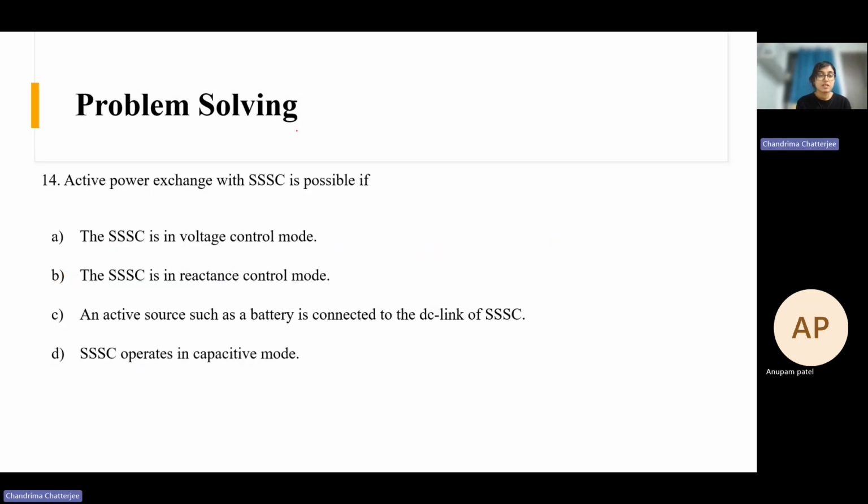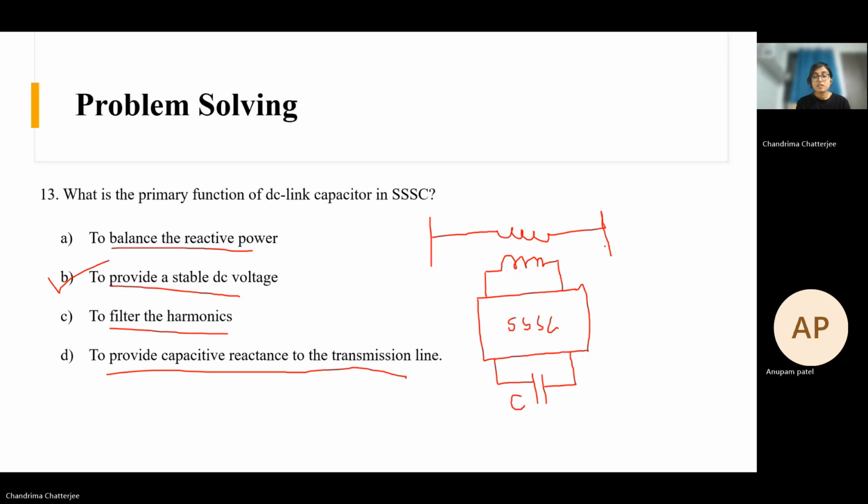Next question. Active power exchange with SSSC is possible if. So we already discussed that the main purpose of SSSC is to provide reactive power compensation. And to provide reactive power compensation, there is no requirement of any active DC source over here. Without any active DC source, it can only exchange reactive power. Either it can provide reactive power or it can absorb, right? So there will be exchange of reactive power only. There will be no exchange of active power as there is no active source here.